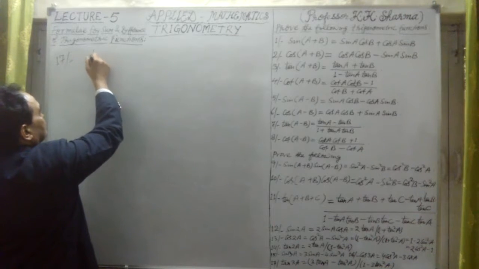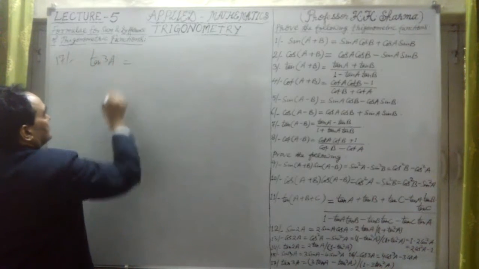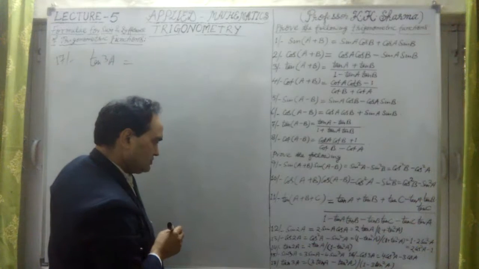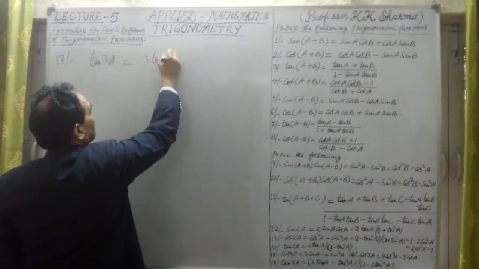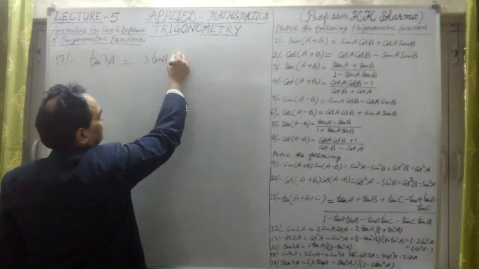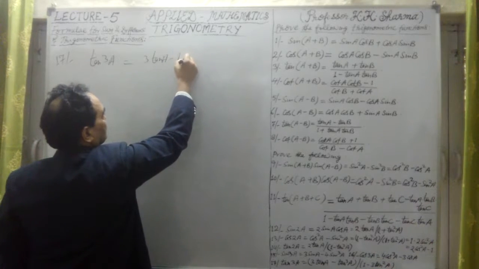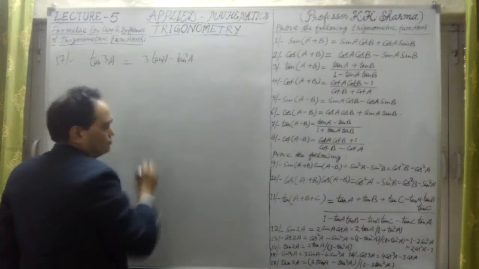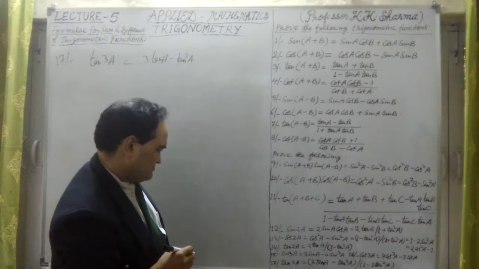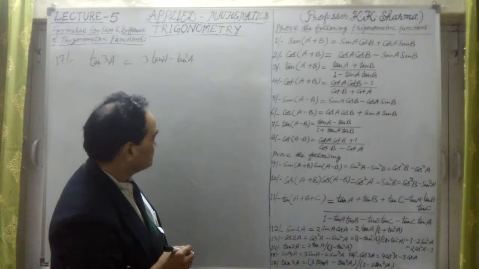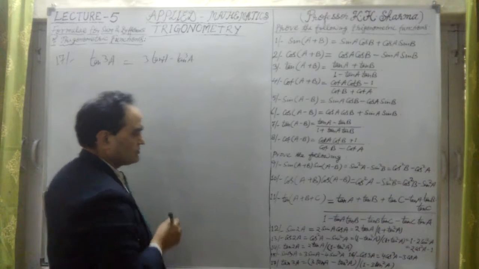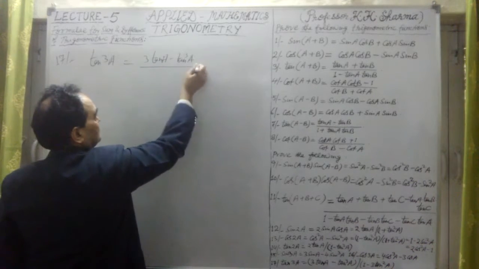Tan 3a is equal to 3 tan a minus tan cube a divided by 1 minus 3 tan square a. We have to prove that this is equal to 3 tan a minus tan cube a, power 3, over 1 minus 3 tan square a. We are checking whether it is given rightly or not.